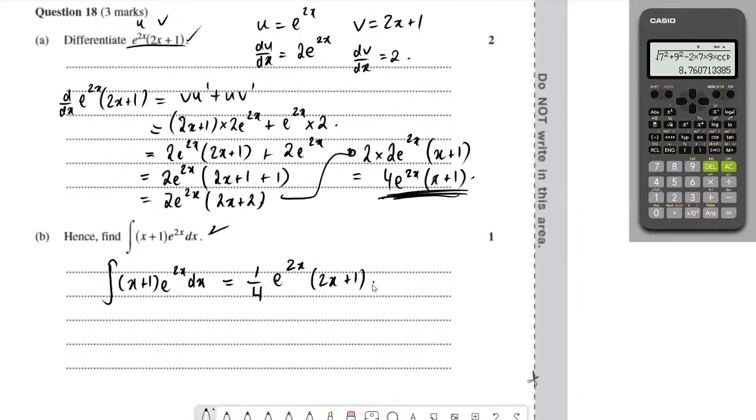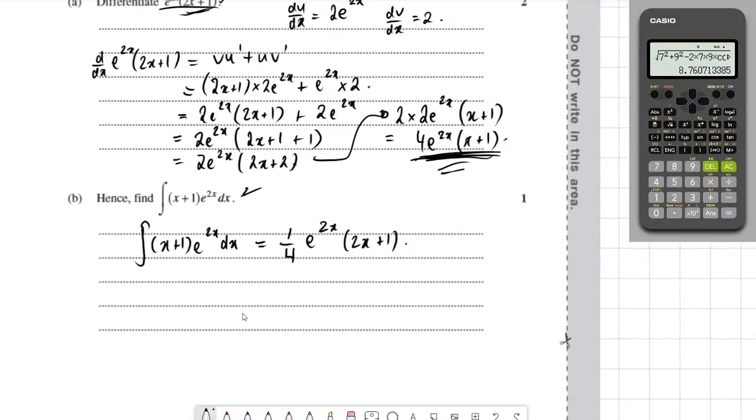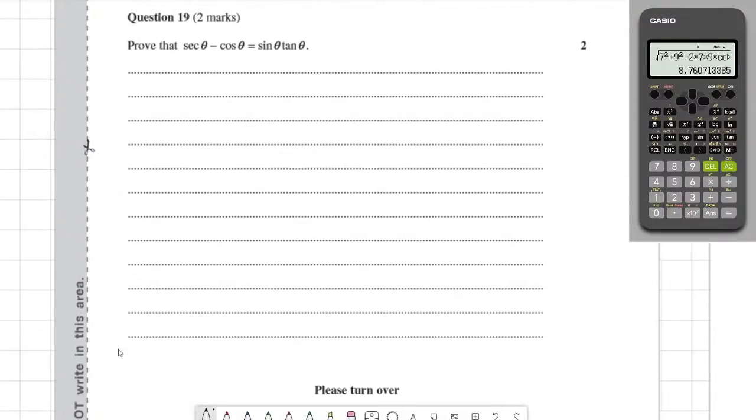Because that 4 is missing. So to basically go from this line here to this line here, I just need a fourth of what I did. And by doing that, it allows me to get this value here. Cool. All right, let's move on to the next one and have a look.